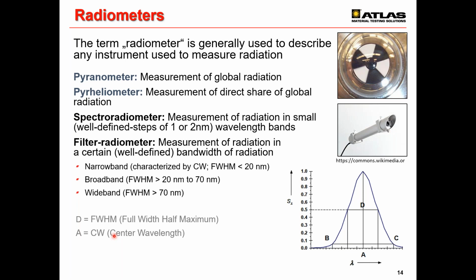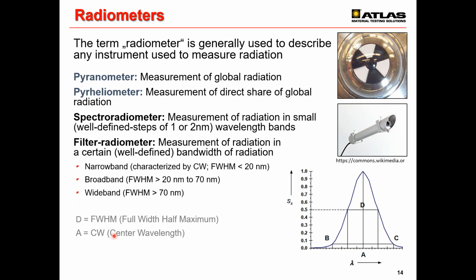It can be just painted pieces of metal, black and white. By the temperature difference between the black and the white area, this simple pyranometer can be calibrated to measure the global radiation. However, today very often photodiodes or other photosensitive elements are used as pyranometers.